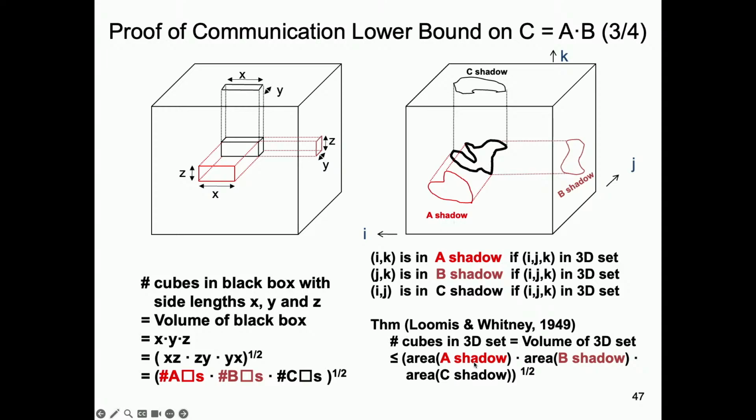The sum of the shadows is our memory. That's where you get into the constants, which is the homework assignment. But I'm just very simply saying I can't have more entries of A than M, because that's the size of the cache. Ditto for B and ditto for C. And of course, if I have them all three in there at the same time, it's smaller by a constant factor. But I'm just trying not to worry about the constants and leave that for homework.